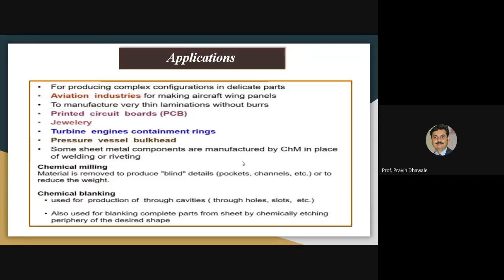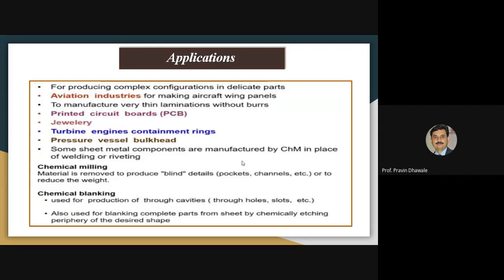The last point will focus on the applications of the chemical machining process. The chemical machining process is used to produce any kind of complicated shape in delicate or fragile parts.